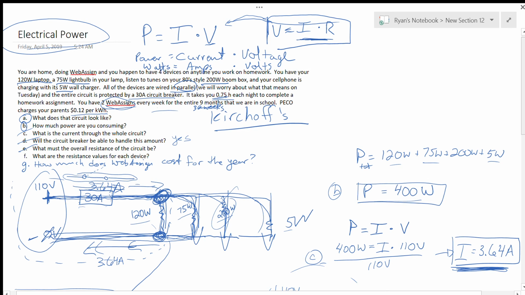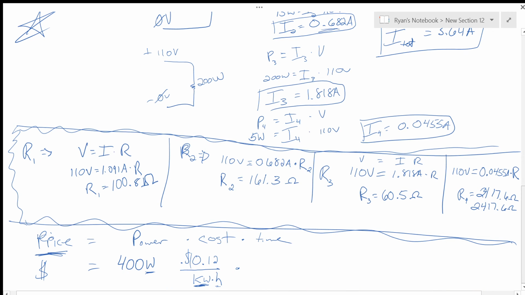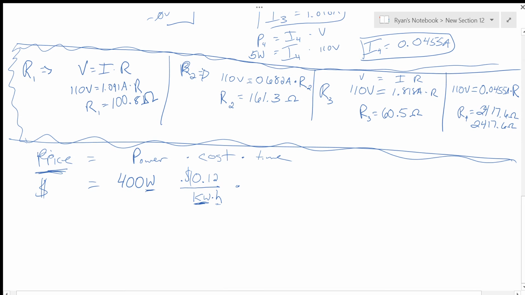Okay, so let's see how many hours you're actually spending, right? This is all to figure out the time number, and we need it to be in hours. So you have 32 weeks in a year. And by the way, this price is going to be dollars per year, right? Isn't that what I asked? How much does WebAssign cost your parents for the whole year? 32 weeks per year.